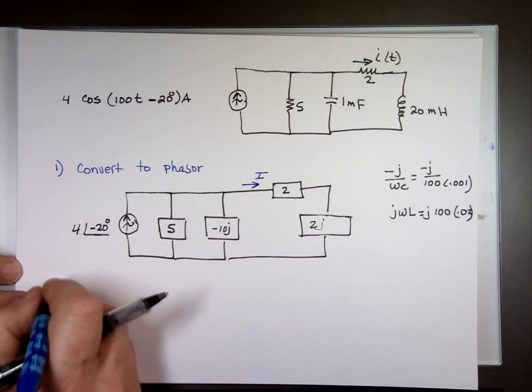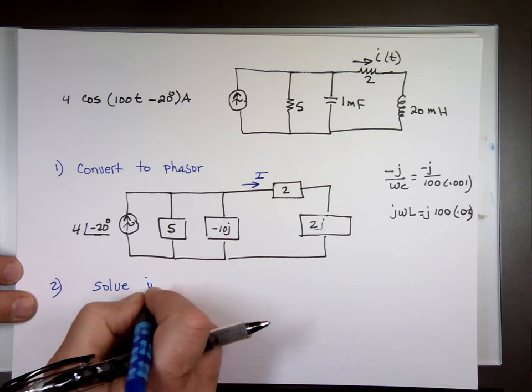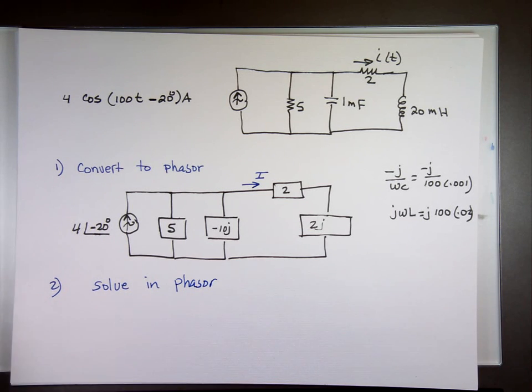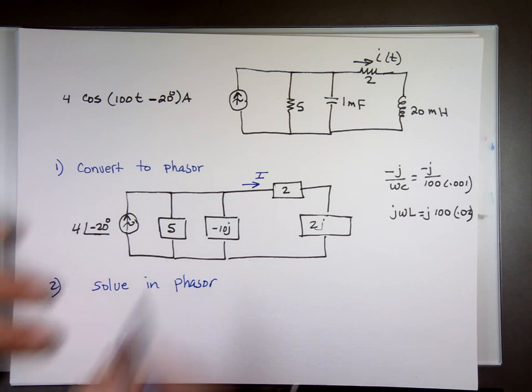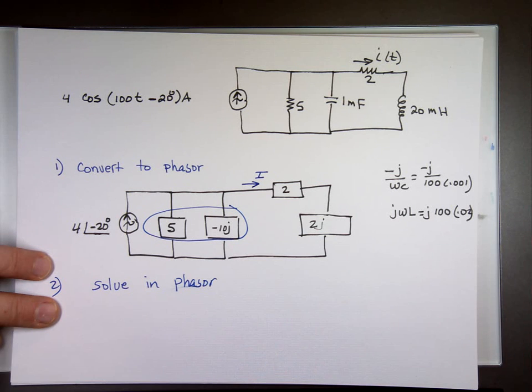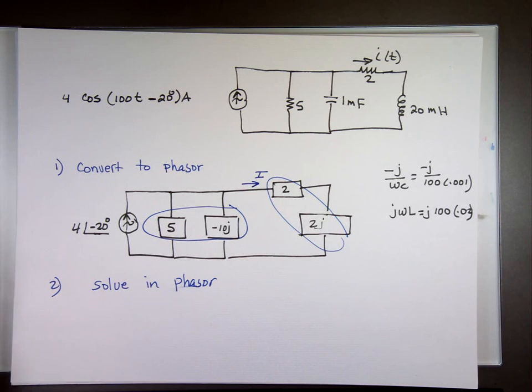Step number 2, solve it in Phasor. To solve this, probably the quickest way is to combine these guys into one. Parallel: the product over the sum. And these two are in series.